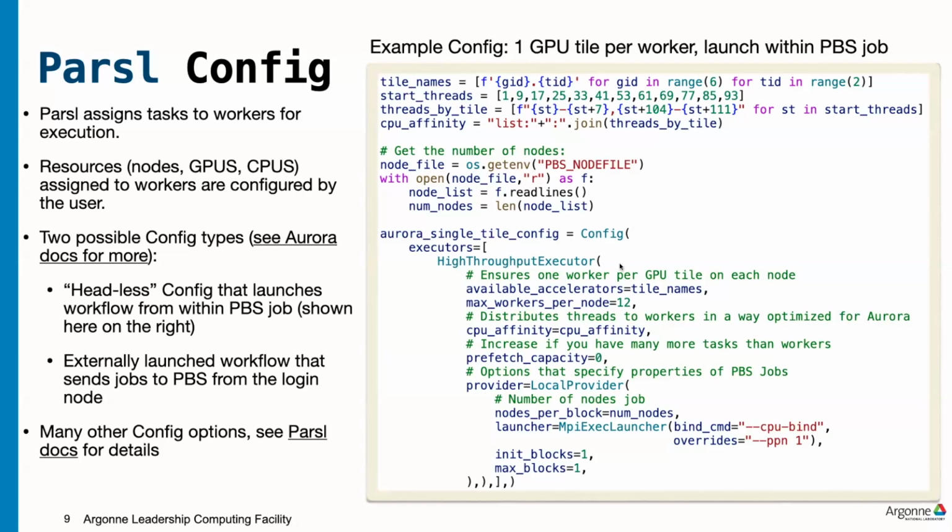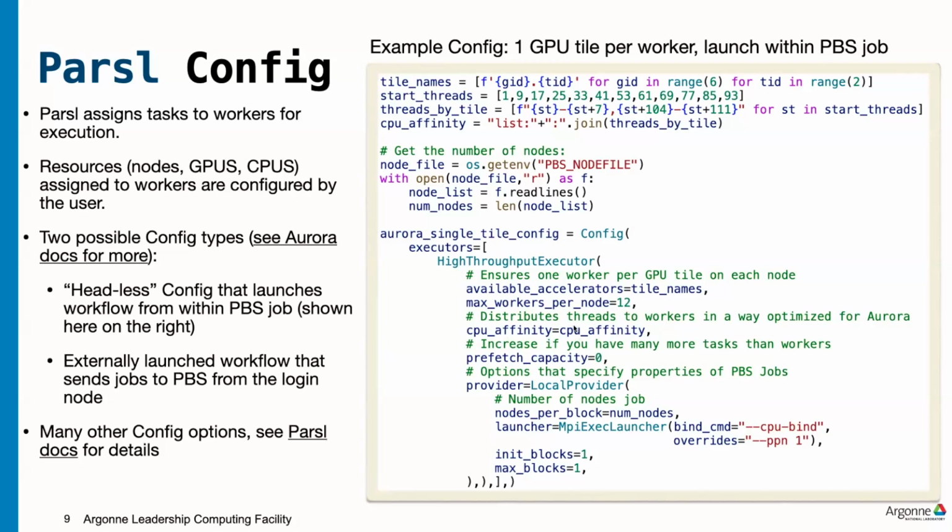With the high throughput executor, we need to tell it the tile names, which are created up here and have the format 0.0, 0.1. Maybe Marta covered that in her talk. This will be a list of those tile names. We also tell it how many workers per node we have, and this should match the number of tile names in this list. So it's 12 on an Aurora node.